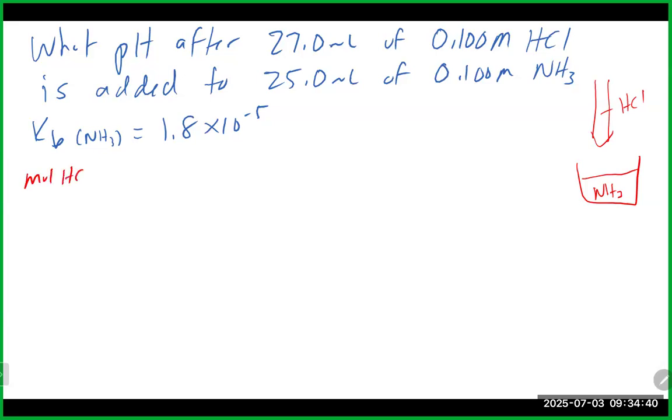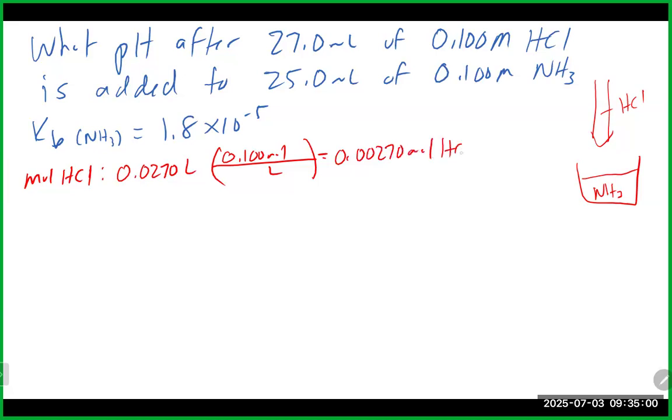So our moles of HCl here would be 0.027 liters times the molarity, 0.1 moles per liter. And that's going to get us here 0.027 times 0.1, 0.00270 moles of HCl.